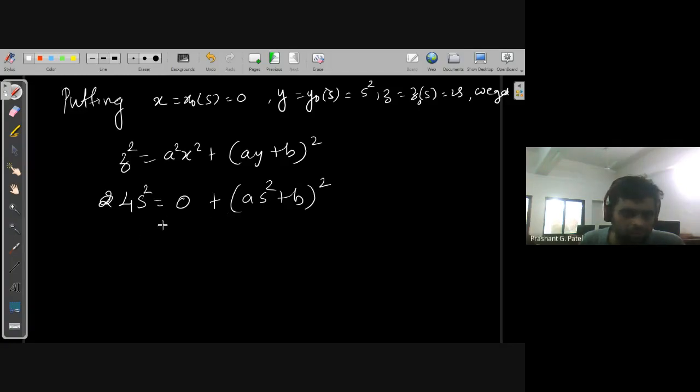Now to obtain a relation between, we need to eliminate s from two equations. The first one is this, so this is of the form, I can say capital F of x0, y0, z0 and a, b. This is the first equation. The second equation is this, del F by del s equal to 0.